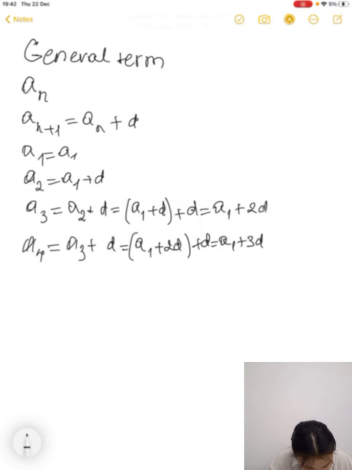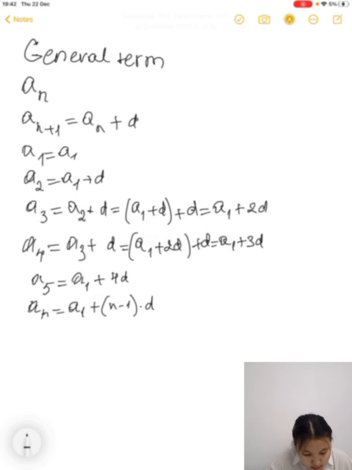And a sub 5 is equal to a sub 1 plus 4 times d. And a sub n is equal to a sub 1 plus n minus 1 times d. This is the general term of arithmetic sequences.